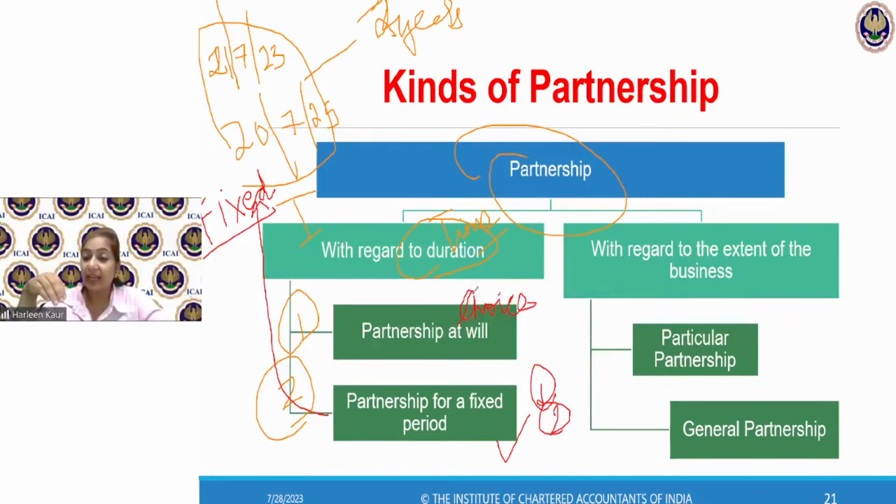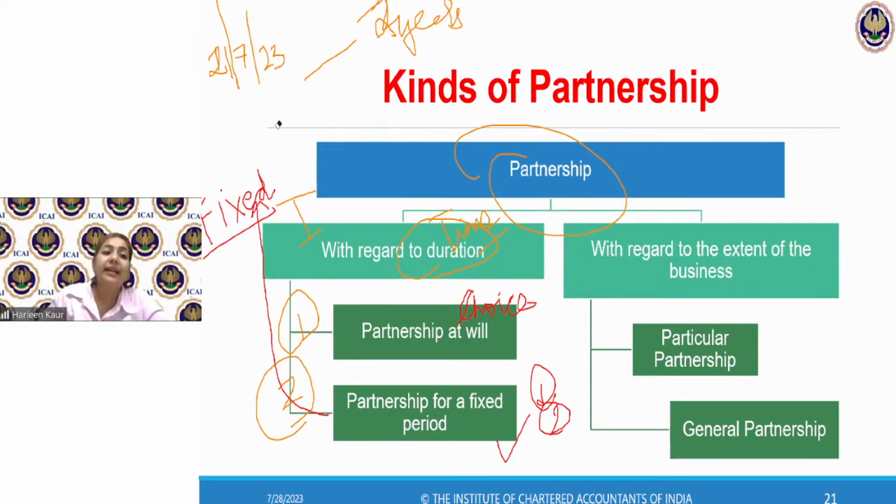So now if I say that A and B decided to be partners on 21st July 2023, till no time period. They have not determined till what date. The partnership deed is silent about the time period. Such a partnership, children, is known as partnership at will.